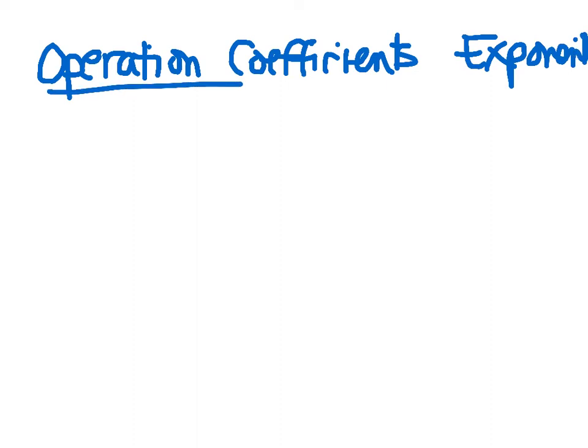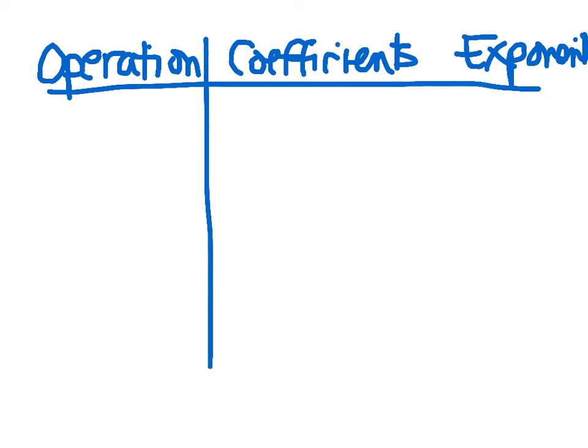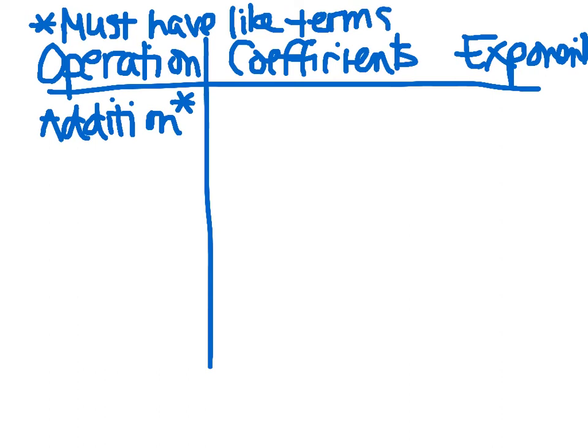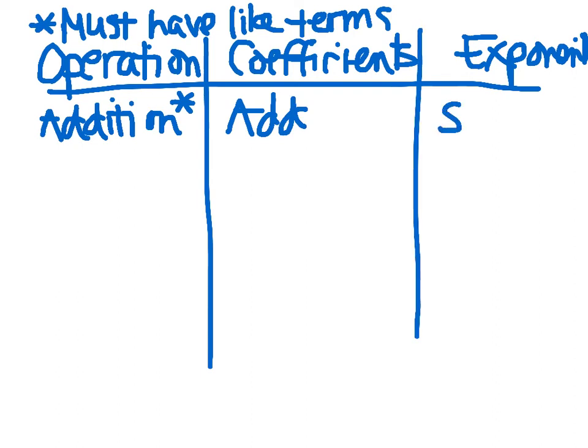So, in the operation of addition or subtraction, I'm just going to call it addition because subtraction is the same as adding the opposite. First of all, I can't add all monomials. The thing you need to keep in mind is that you must have like terms. But assuming I do have like terms, I'm going to add the coefficients and the exponents stay the same.